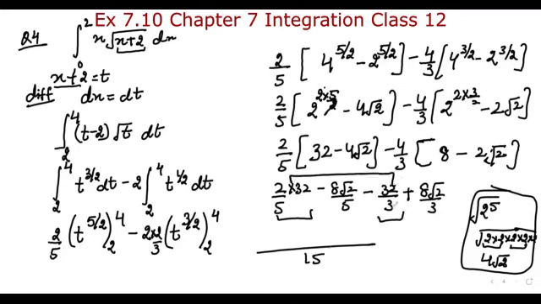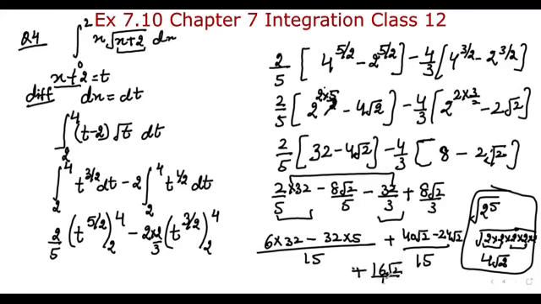So it will be 6 into 32 minus 32 into 5. And here also LCM is 15. This will be 40 root 2 minus 24 root 2. So 40 minus 24 is 16 root 2 upon 15. And this is 32 upon 15.